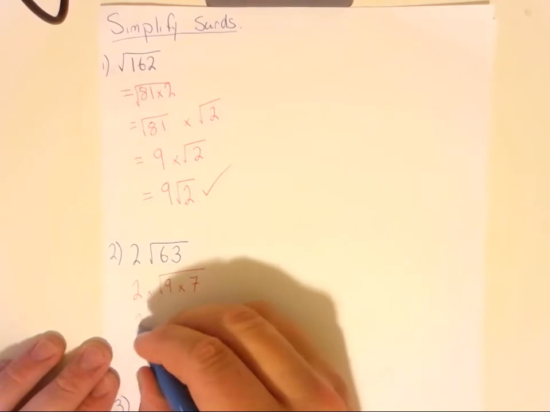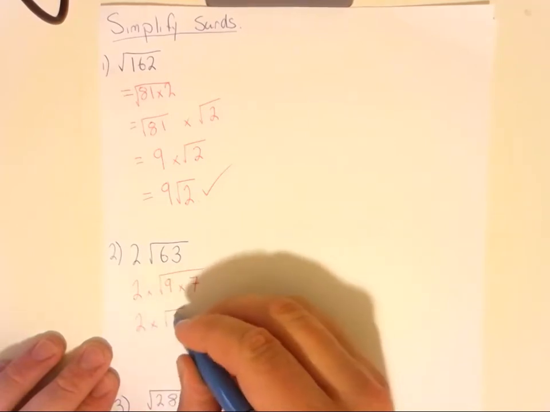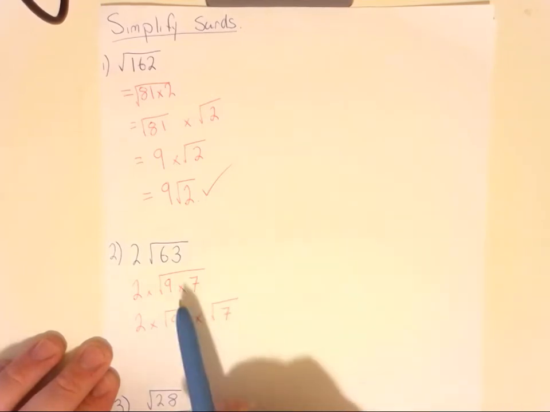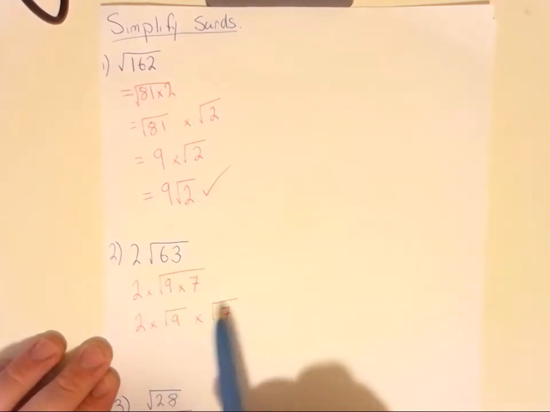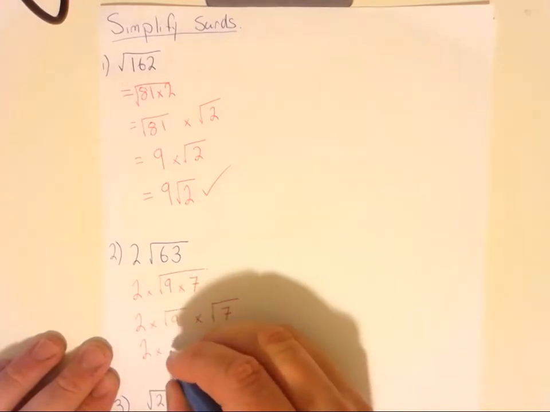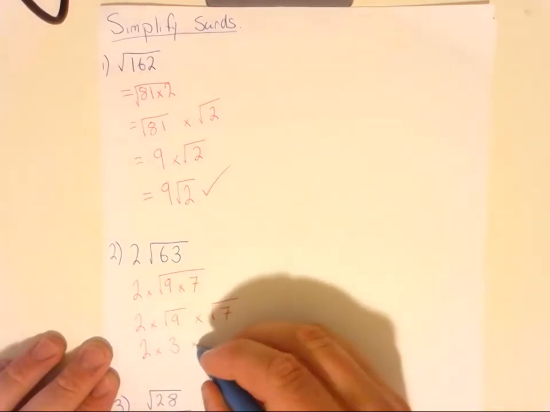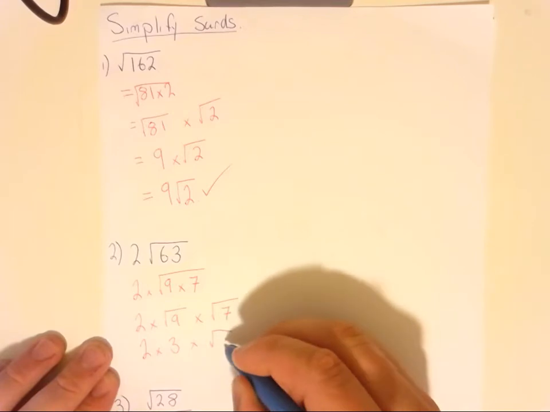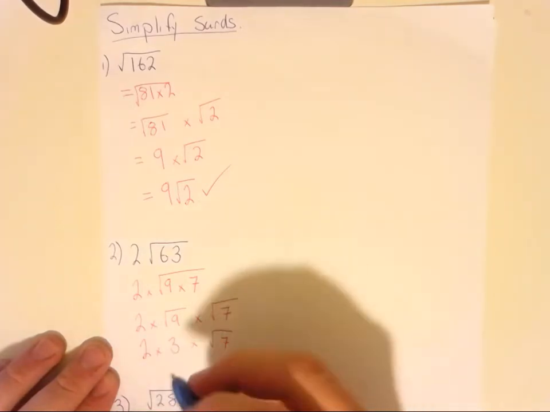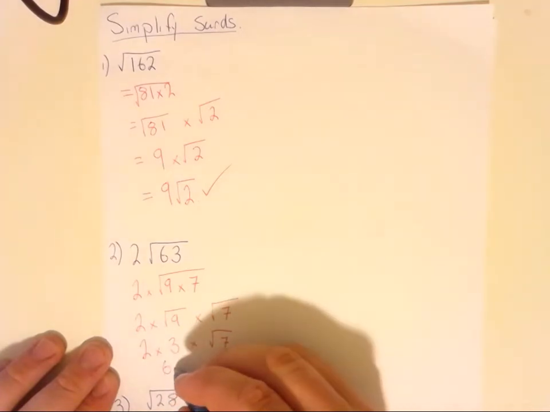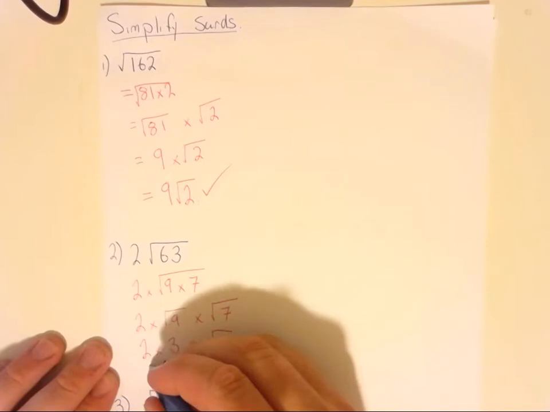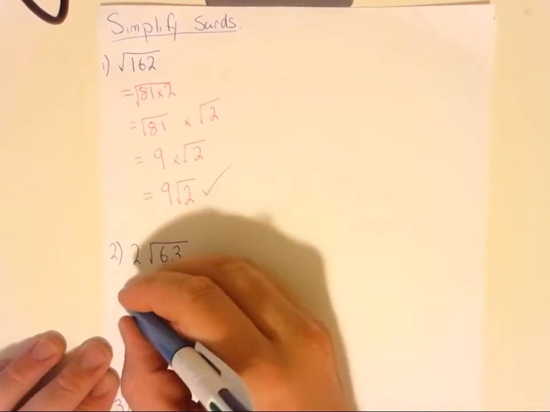So 2 times the square root of 9, again using my surd laws, I can then split this up. I know that the square root of 9 is 3. 2 times 3 times the square root of 7. I can now do 2 times 3 is 6 root 7. And that's my final answer there, and that's where we stop.